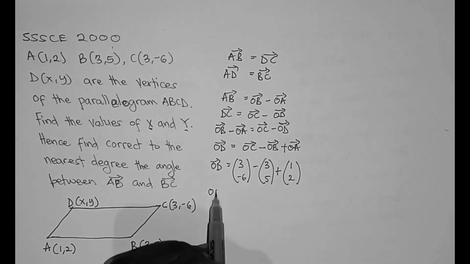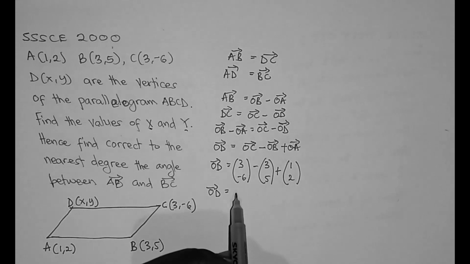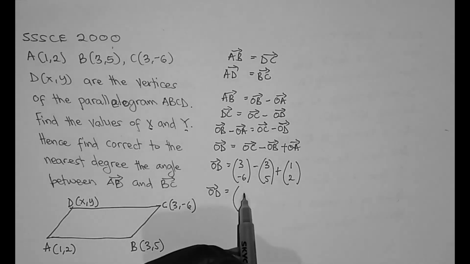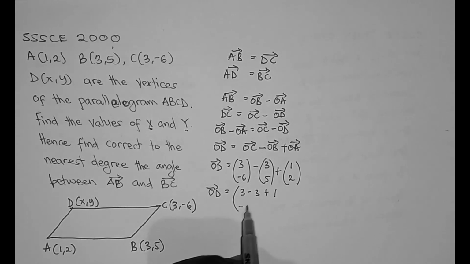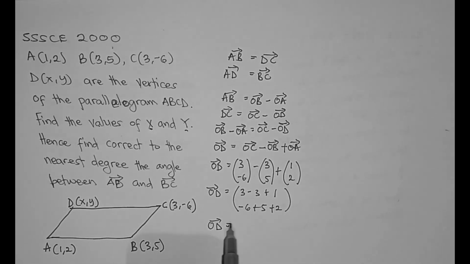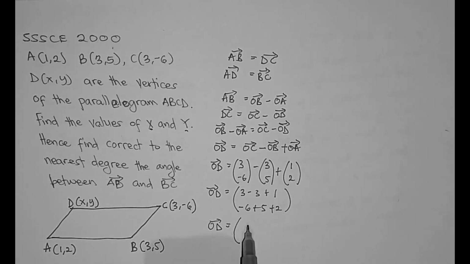So OD is equal to, let's write this as a single column vector. That will be 3 minus 3 plus 1. And then minus 6 plus 5 plus 2. So OD is equal to 3 minus 3 is 0 plus 1 becomes 1. And then minus 6 plus 5 is minus 3.